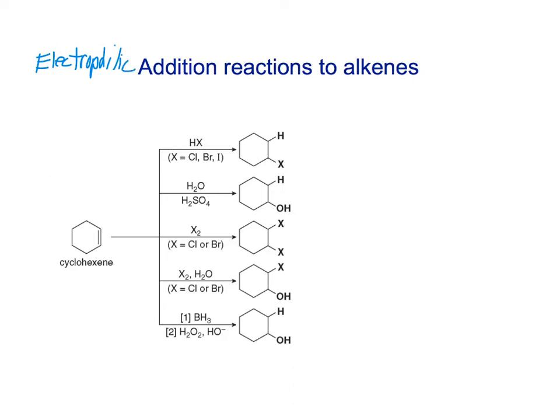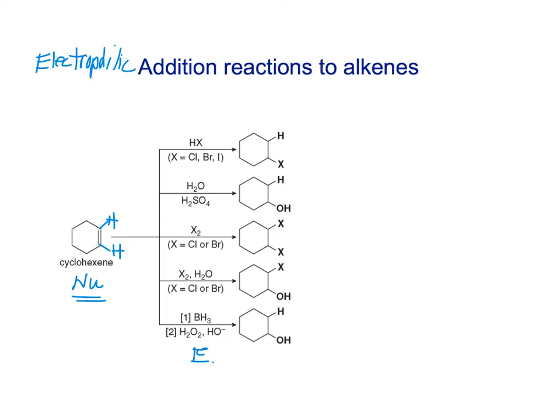That's because the alkene, like cyclohexene here, is going to act as a nucleophile, and it's going to react with electrophiles. If we look down this list, notice that in each case, in the product, the pi bond is gone and two new bonds are being formed.